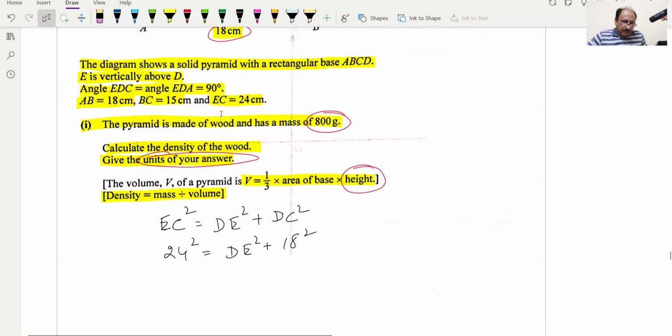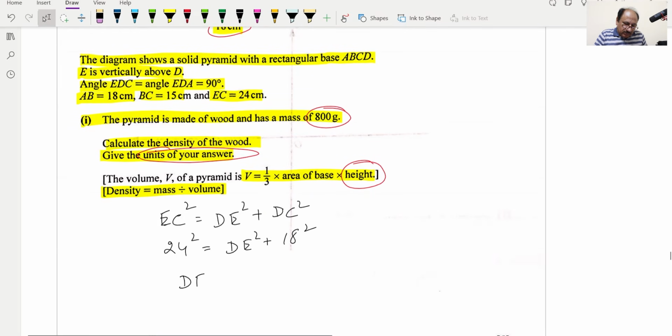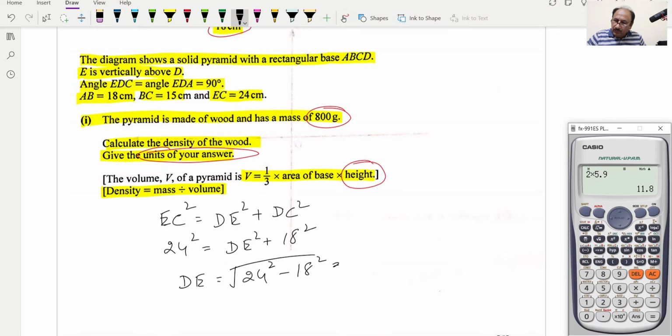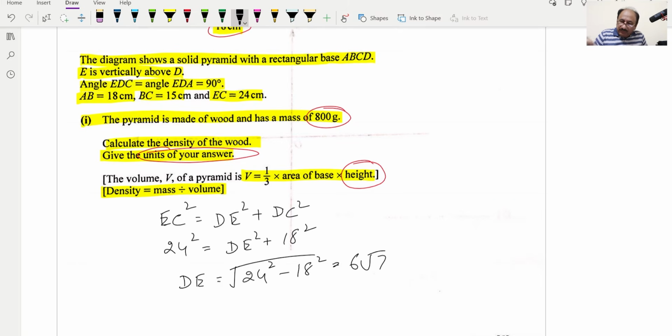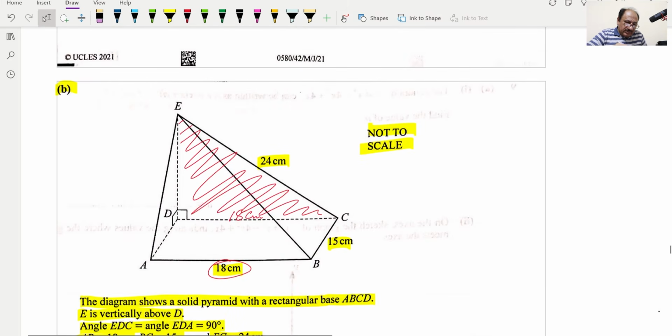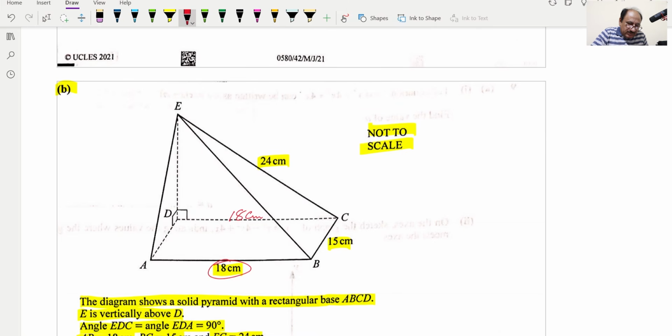So now by shifting this one, DE will be equal to the square root of 25 squared minus 18 squared, and this is equal to 6 under root 7. So we found this side, I'm erasing this one, and we found 6 under root 7.